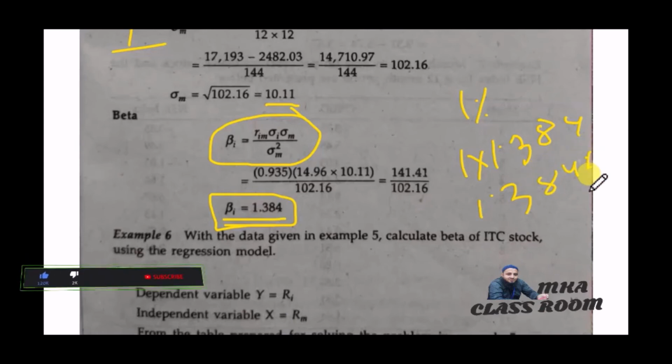So if the market changes 1%, these companies, that means y, our dependent variable, can be changed 1.384%. So that is our calculation for the correlation method.